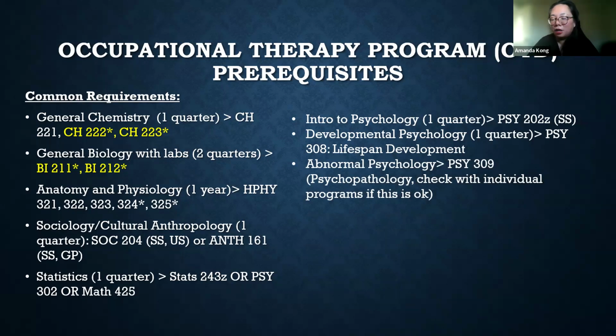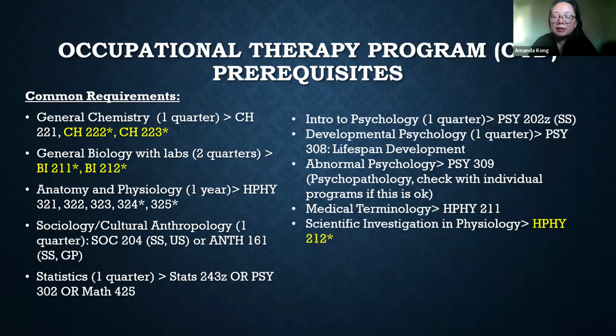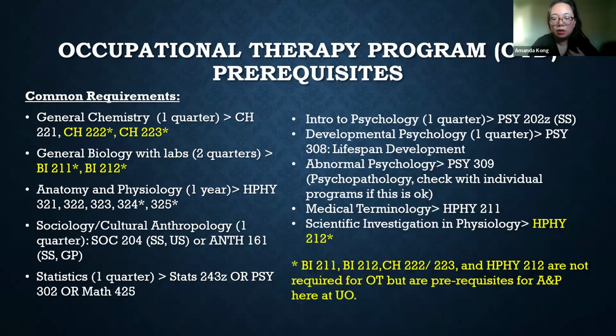We have psychopathology, Psych 309. So for this requirement, you should double check with individual programs to see if they would accept this as a substitute for abnormal psychology. You'll also need to take medical terminology, HPHY 211, and scientific investigations in physiology, HPHY 212.